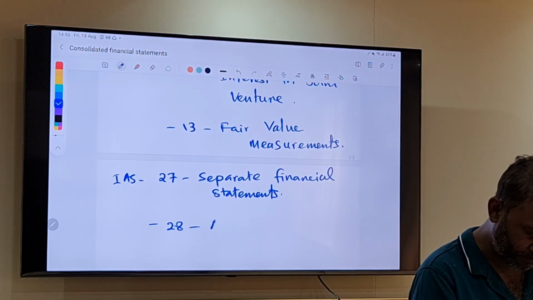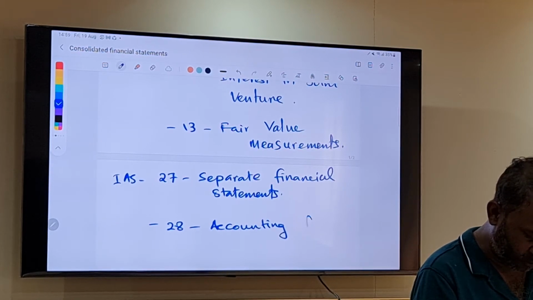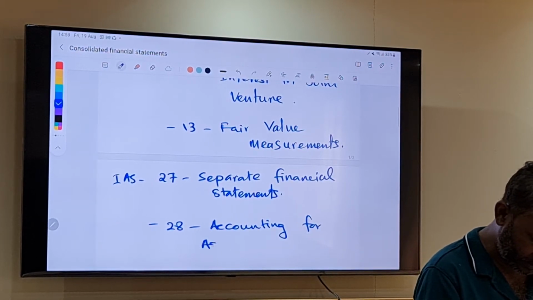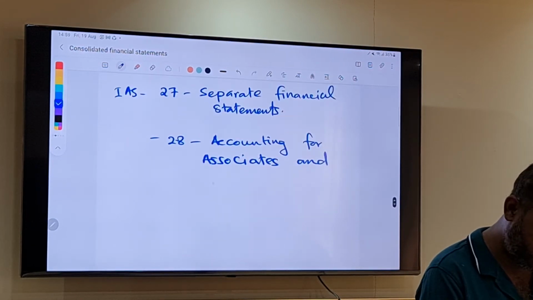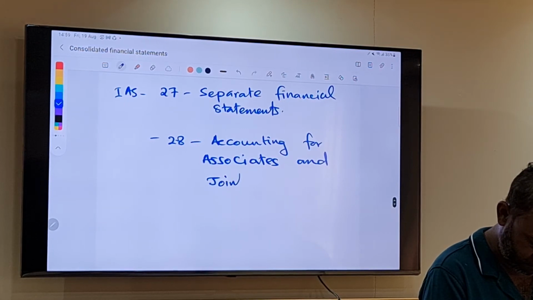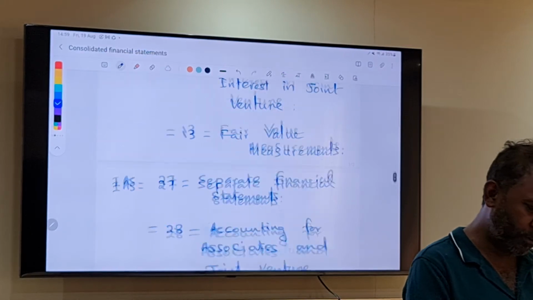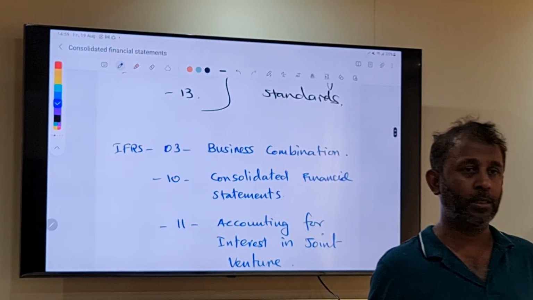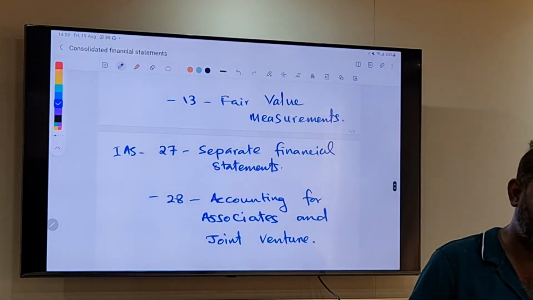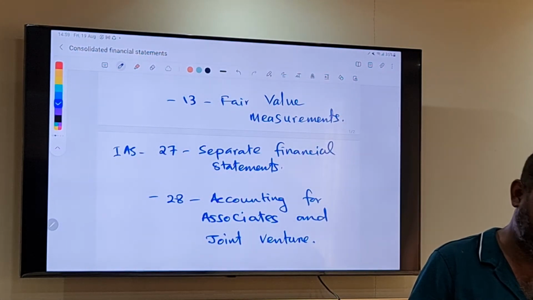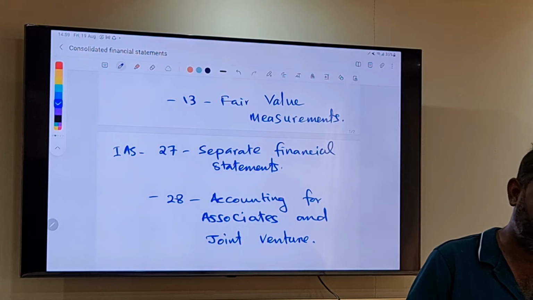And this one, accounting for associates. So these standards, 4 plus 2, we will be using in our discussion. So this is about standards.